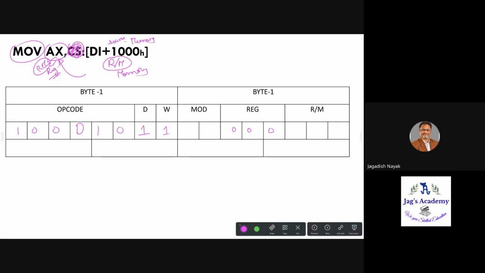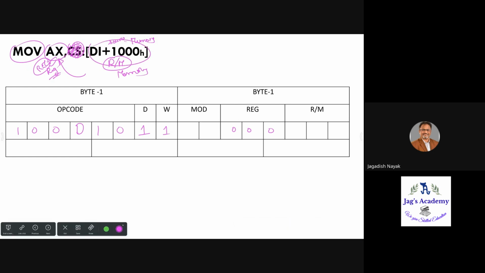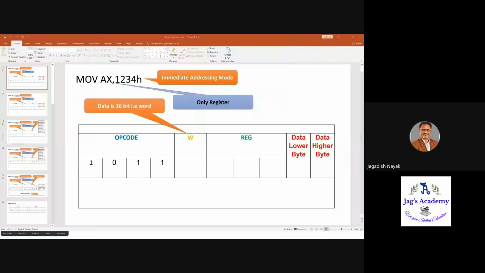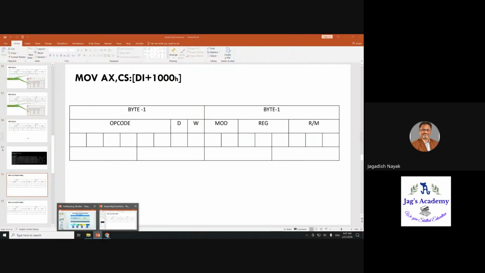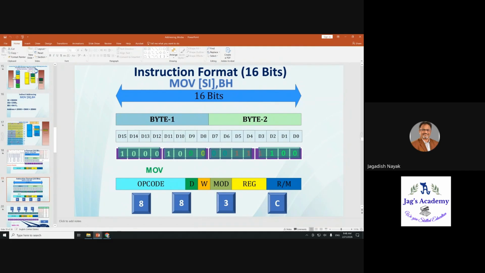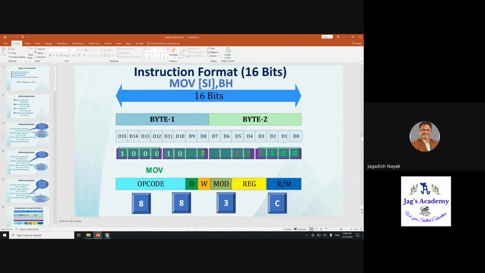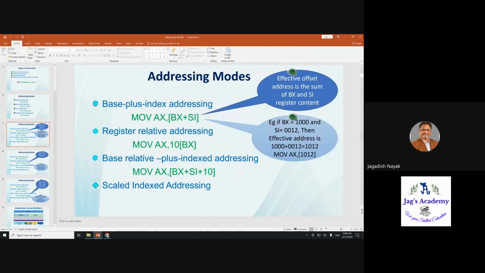Now you see here, your data is going from the memory. How is it going? It is going through another addressing mode, and this addressing mode you already know. I told you in my previous lecture, in addressing modes, what type of addressing mode this is.